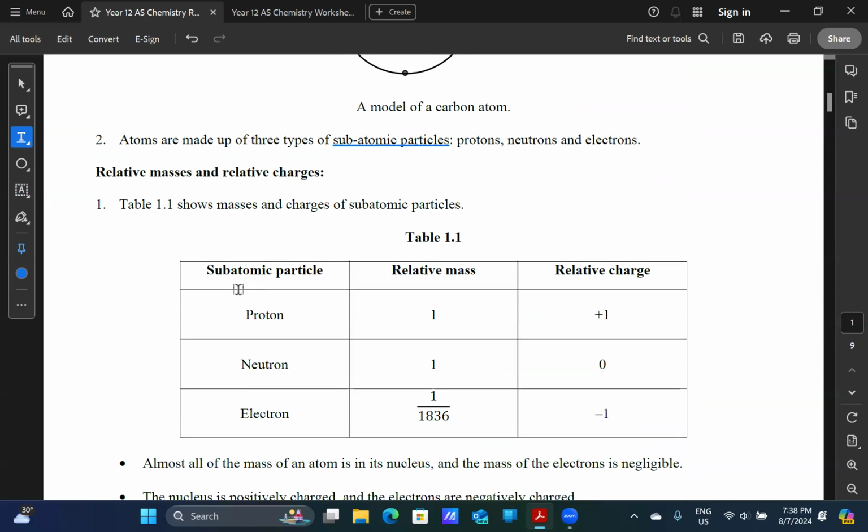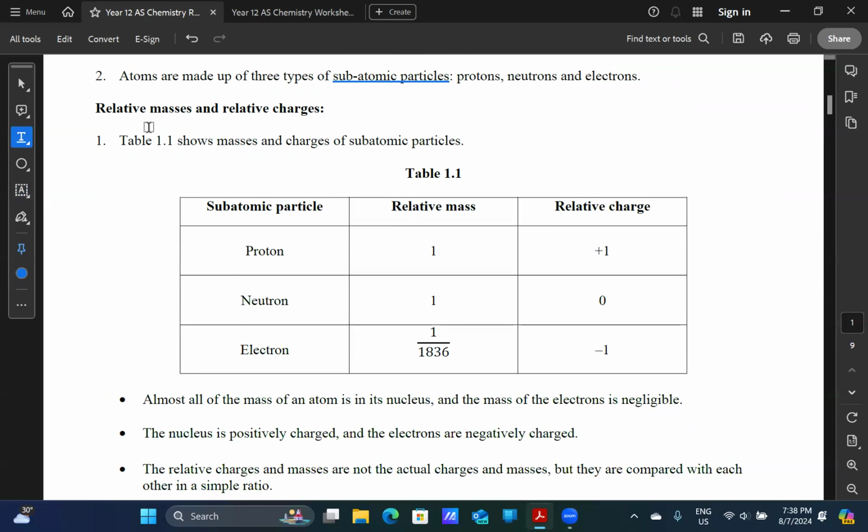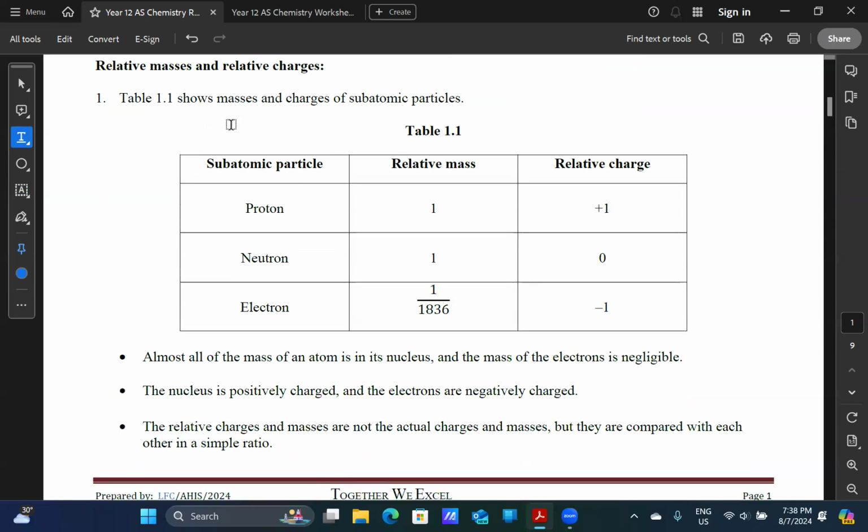Next part is we will talk about their relative masses and relative charges. Relative masses and relative charges actually are not their actual mass and actual charges. As you may have come across in your physics class before, the actual mass and actual charge of proton, neutron, and electron are extremely small.